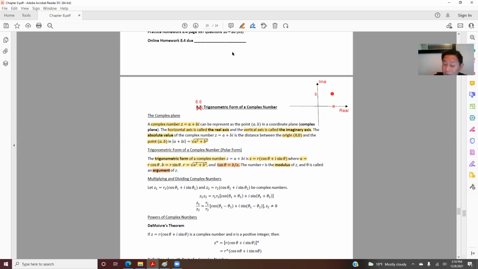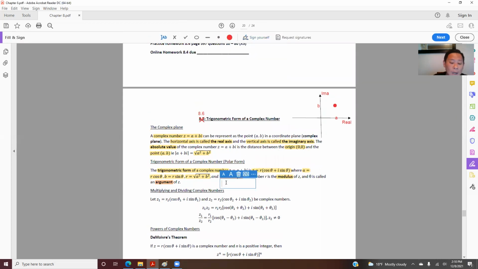Okay, so one is called a modulus, one is called an argument. Just want to point out again, very, very special here, make sure you know that the theta is in the correct quadrant, and make sure you also know what angle unit you use, whether it is in degree or in radian.